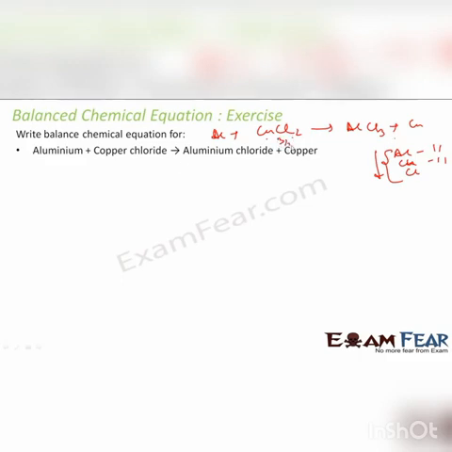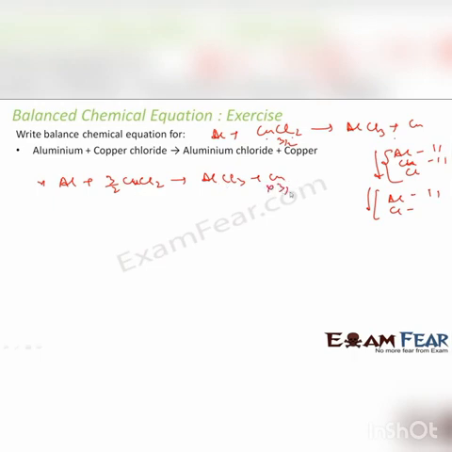Chlorine is 2 here and there is 3. So what I can do is multiply this guy by 3 by 2. So what you get here is aluminium plus 3 by 2 copper chloride, aluminium chloride plus copper. So now if you see my equation, aluminium is 1, both sides 1.